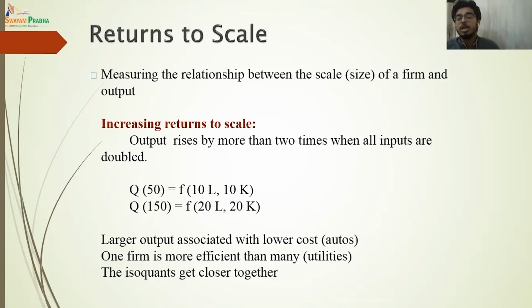When does it happen? When larger output is associated with lower cost. All right, so in the automobile industry and all, we often see that the cost is low but the output is much bigger. The cost of factors of production is low. So when you increase your scalability, when you recruit more labor and capital, every labor and capital when recruited can potentially contribute more.